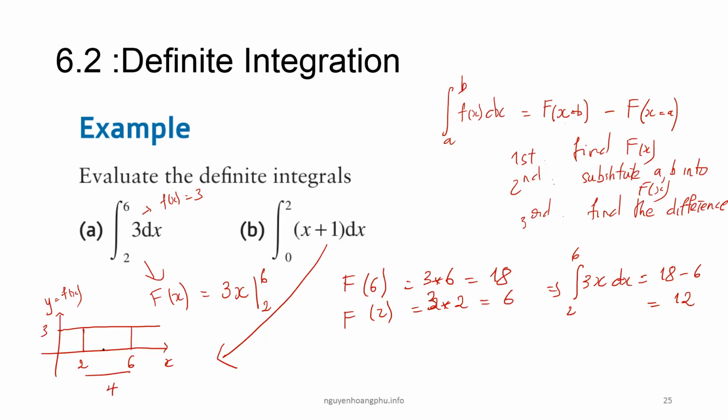This one is 4, so this one is 3. So the area of this rectangle is equal to 3 multiplied by 4, equal to 12. Because this one is quite special case, you see here, why it is unchanged with x.